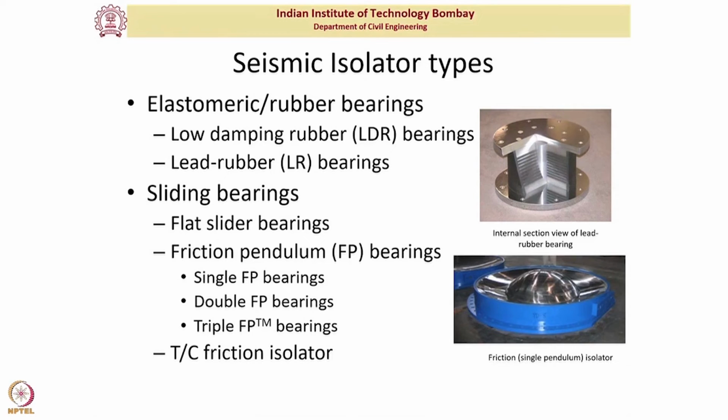Based on that, we say either single sliding surface, then single pendulum bearings, and then double friction pendulum bearing or triple. There is also another type of bearing, the tension and compression friction isolator, but those are not very common. Okay. Now throughout the course, I will show you some sliding bearings as well, or friction pendulum bearings as well. But our focus would be on elastomeric bearings.